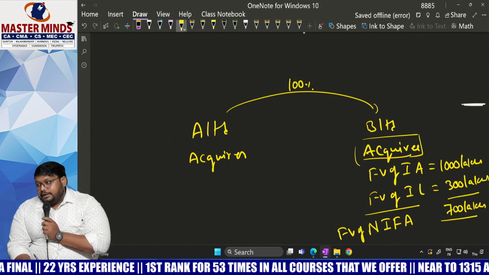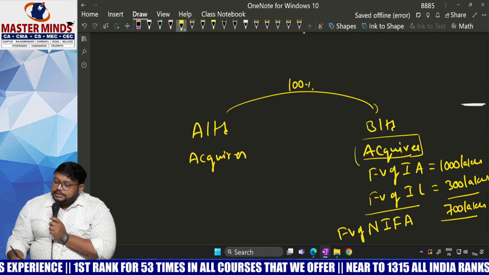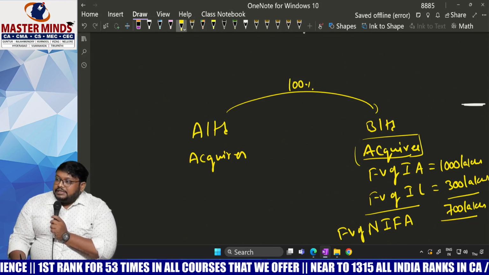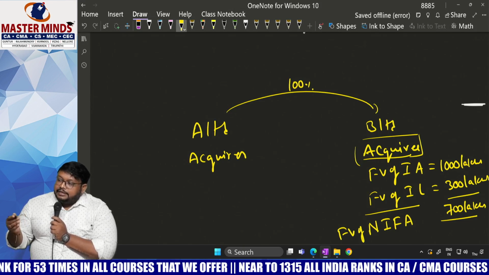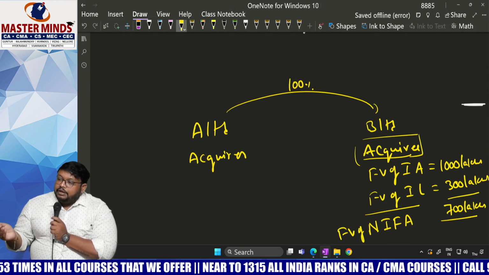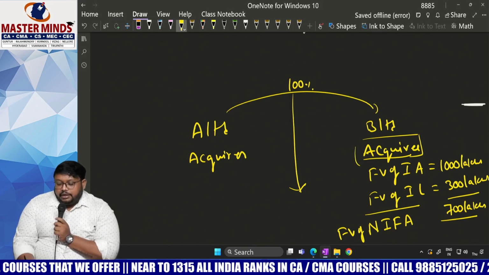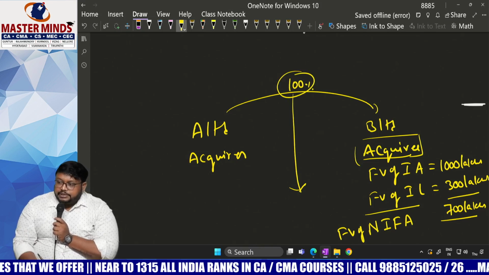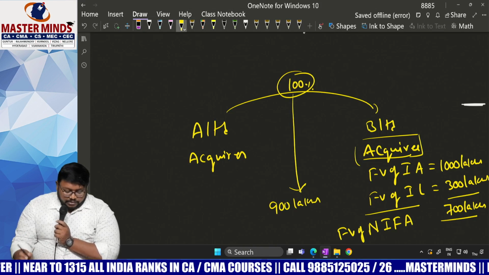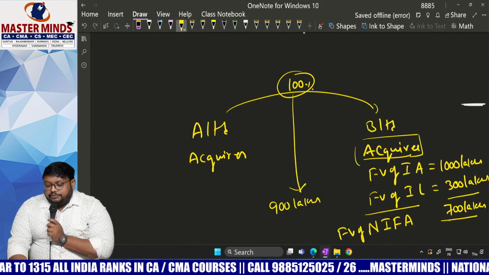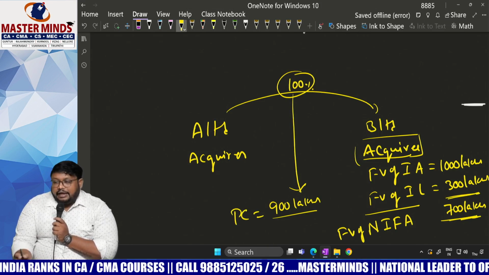Can I say net assets is 700 lakhs means the value of that business is 700 lakhs? Can we say net worth is also the same thing? So 700 lakhs worth business I am purchasing 100%, by paying purchase consideration of 900 lakhs.